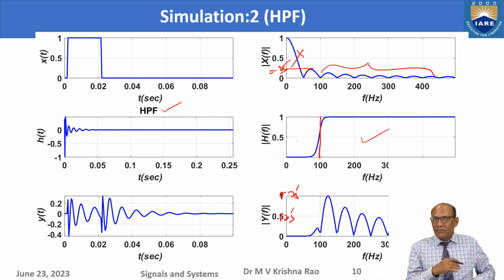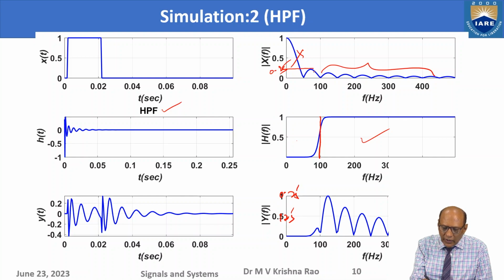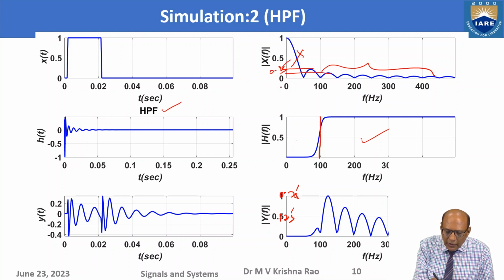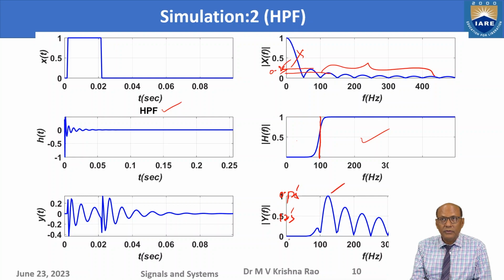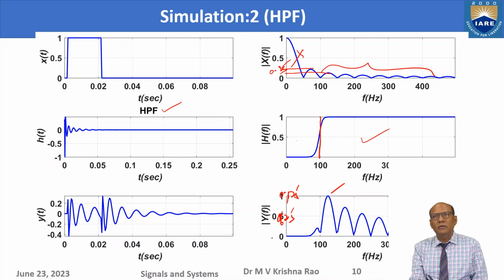Because I have normalized after the plot, you are not able to see that. It is appearing as 1.